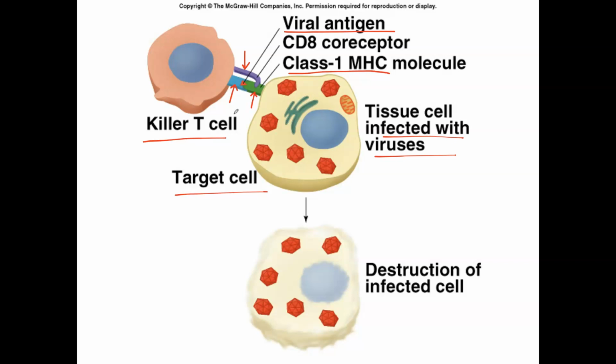So T lymphocytes have to be able to use their T cell receptors in order to bind with the major histocompatibility complexes. It turns out that all nucleated body cells have MHC proteins. However, there are different types of MHC proteins.